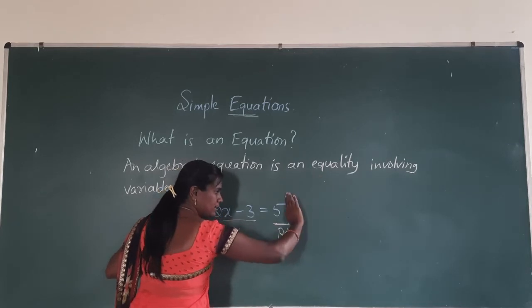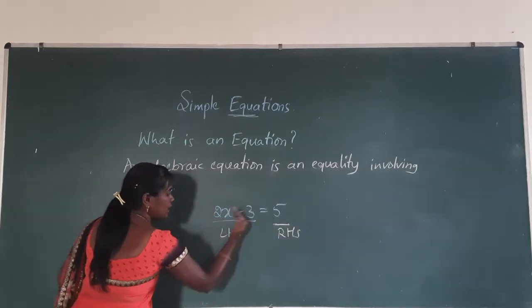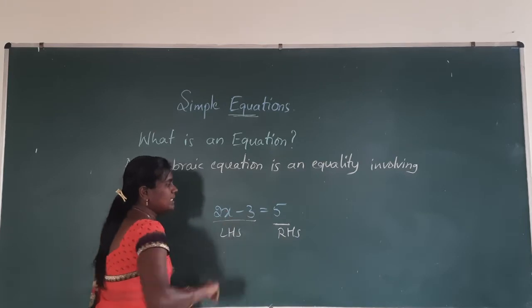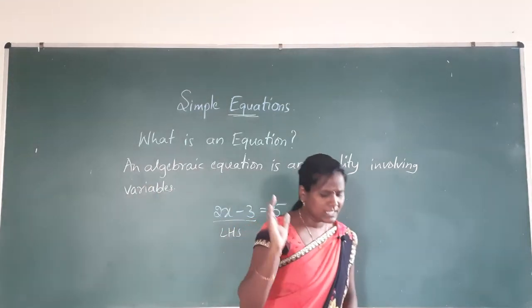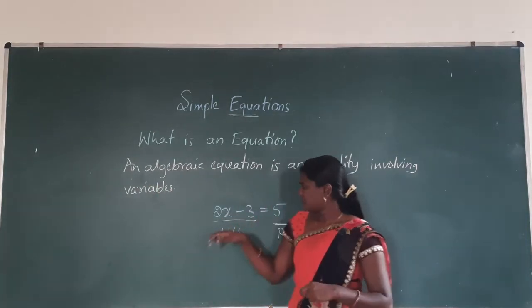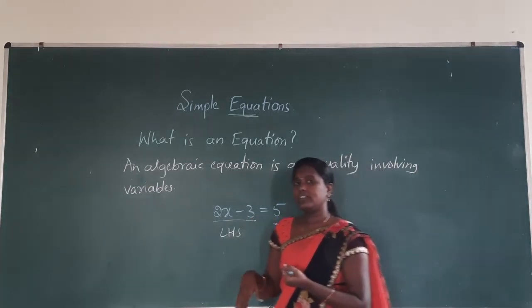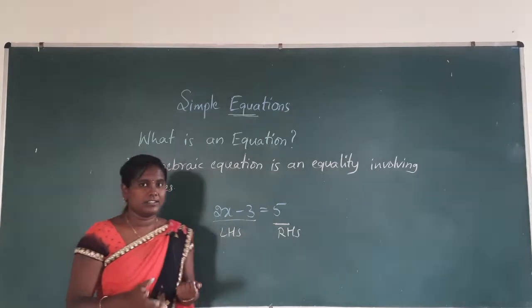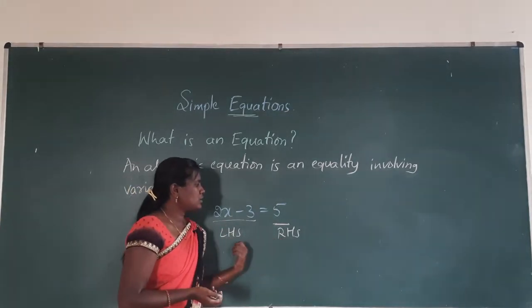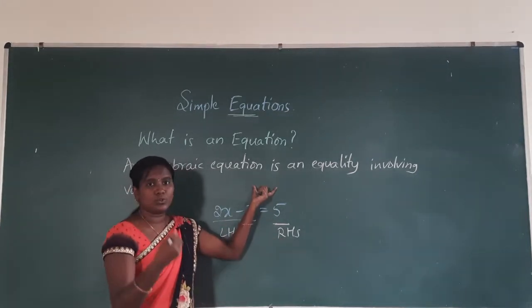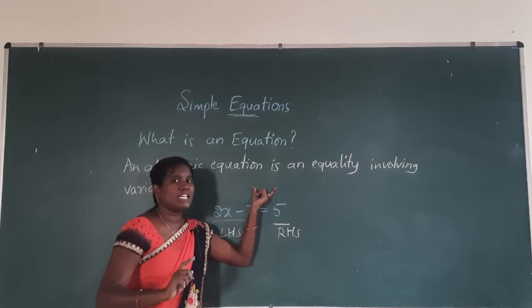Here, if you observe, we are saying that these two are equal. LHS is equal to RHS here, isn't it? When LHS is equal to RHS, whatever value you are going to get, those must be equal.